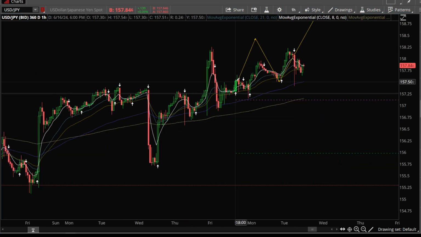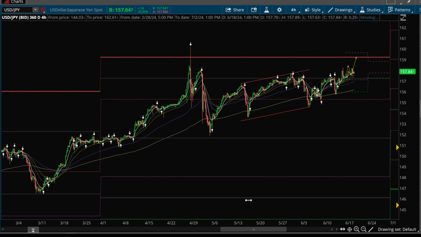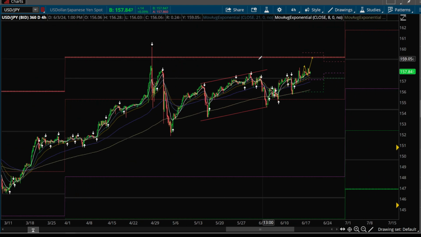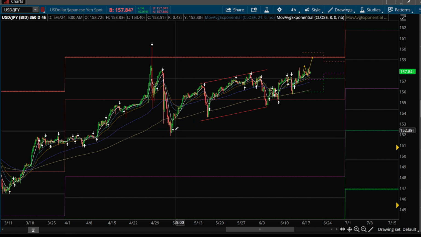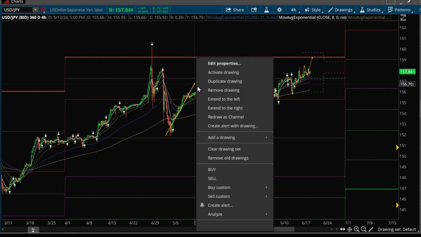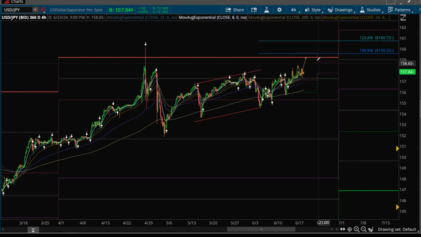Dollar yen, right? Dollar yen 4 hour chart. Let's measure this. It comes up here.